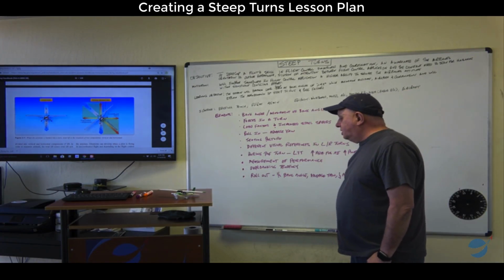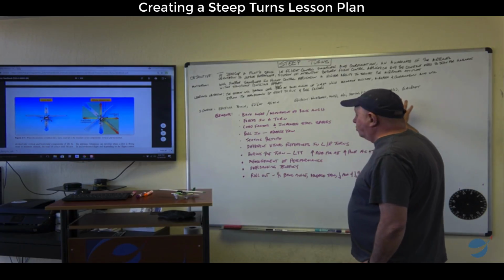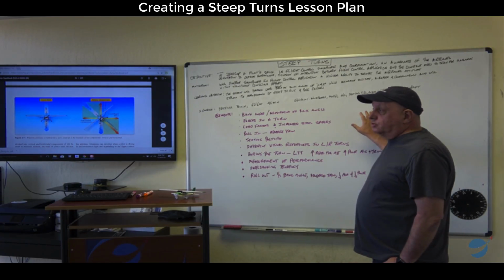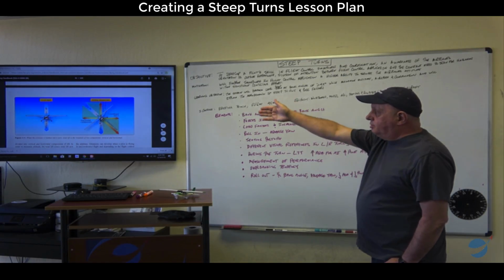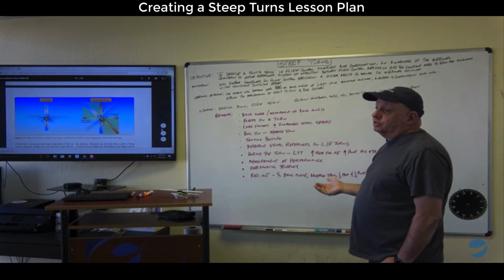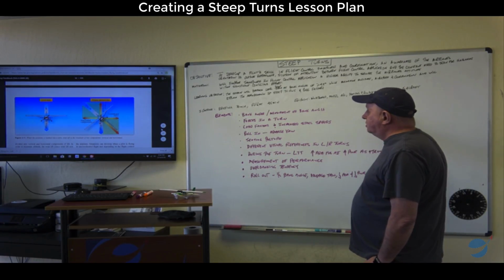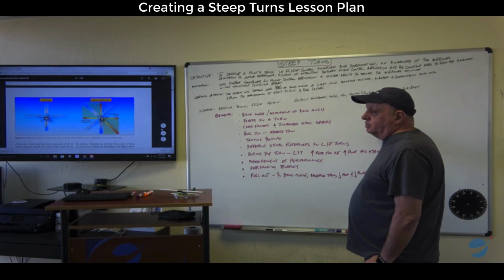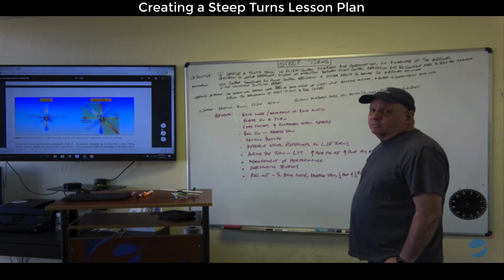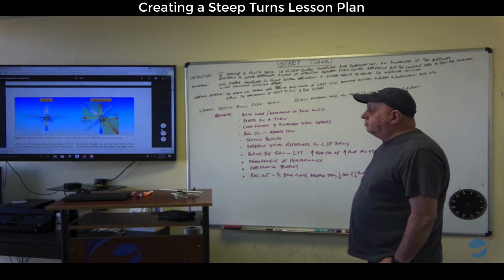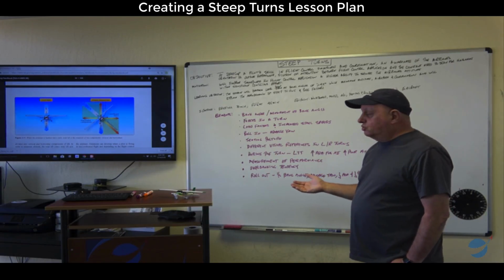So here are the elements, and I will use this part of the board to draw things and maybe use the monitor in combination. I'll use this where I need to annotate something or make a drawing, and I'll use the monitor and computer for the places where the art works better than I can draw.